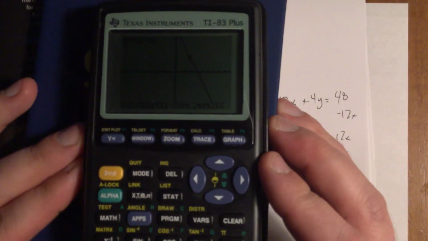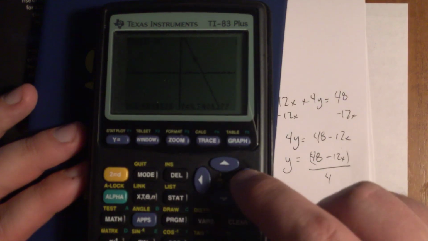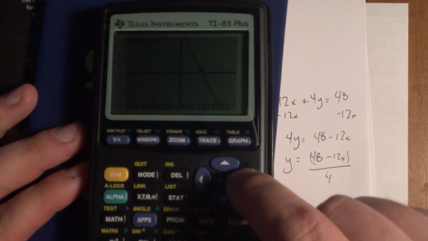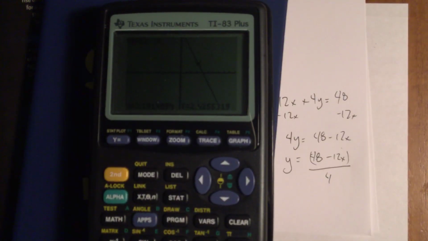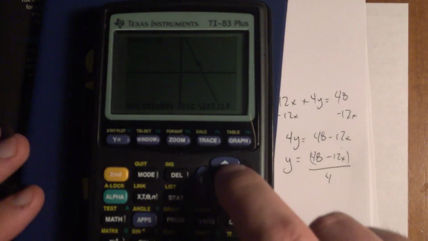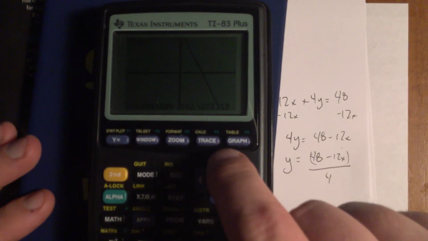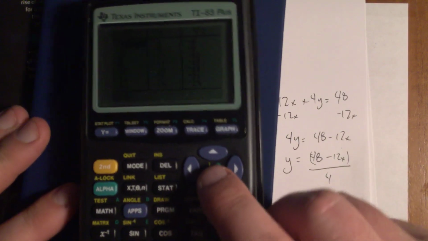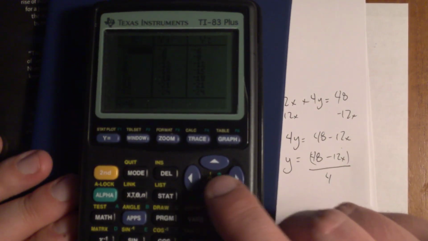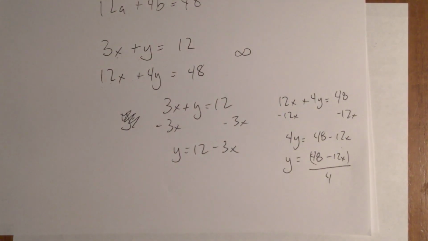Here's the function I'm measuring. If I use the side-to-side button to trace, my cursor will give me some values. If I hit the up arrow, it'll switch the function. It looks like these are the same function. I could also go to the table and see that when I have this x value, I have the same y value for all of them. They're the same function. They have an infinite amount of solutions. Perfect.